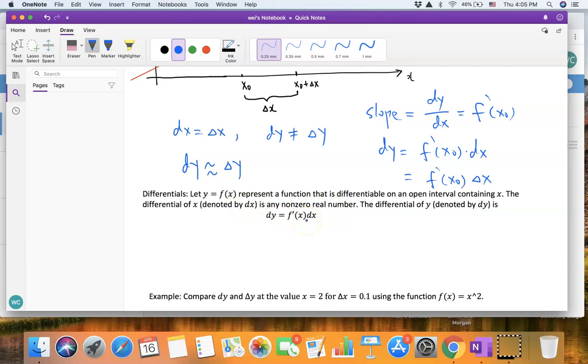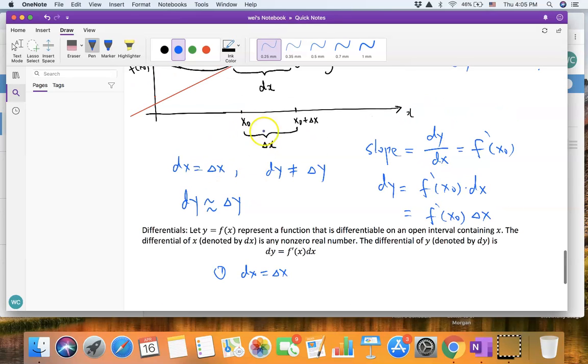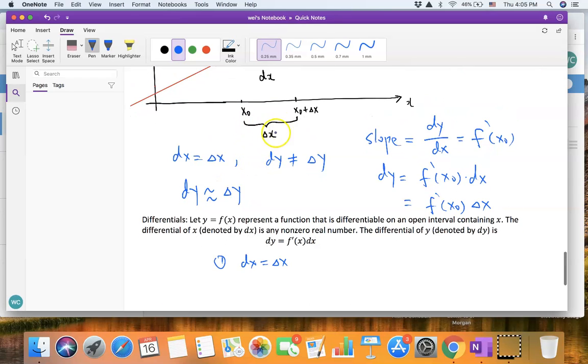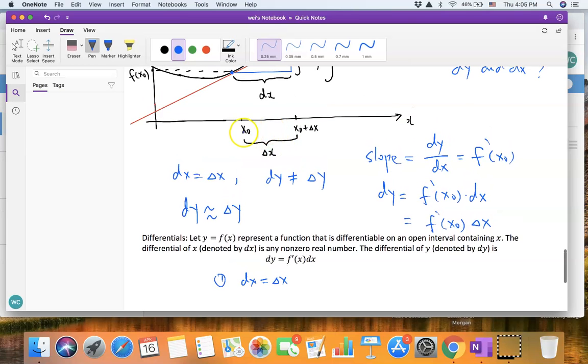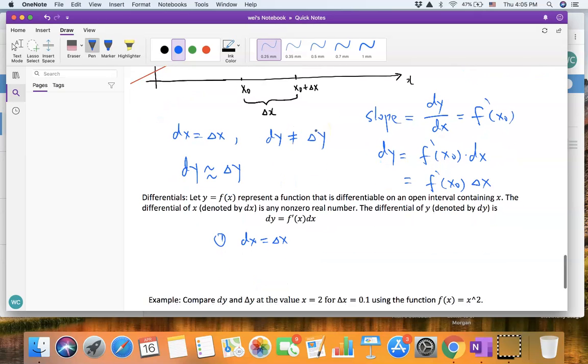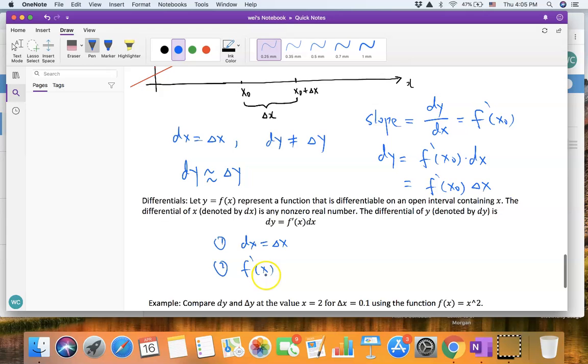So to find the differential of y, we need to know two things. One thing is to know what dx is, which is delta x. So we need to know the difference between the point x0 and x0 plus delta x. And the second thing is to know the derivative at the point x.